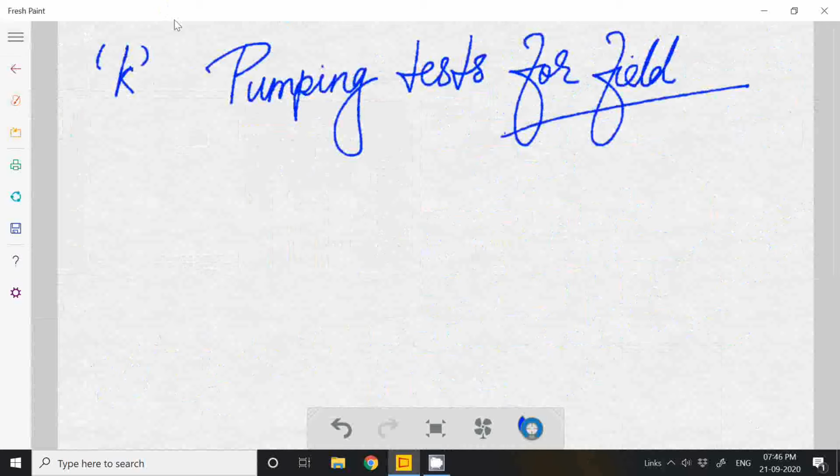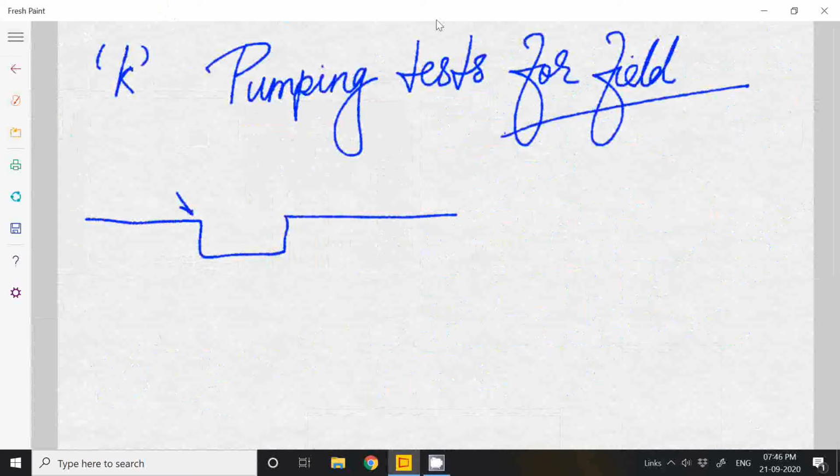Permeability values are needed in various problems, which may involve drainage of excavations. Suppose this is the soil surface and you are doing some excavation like this in the soil.